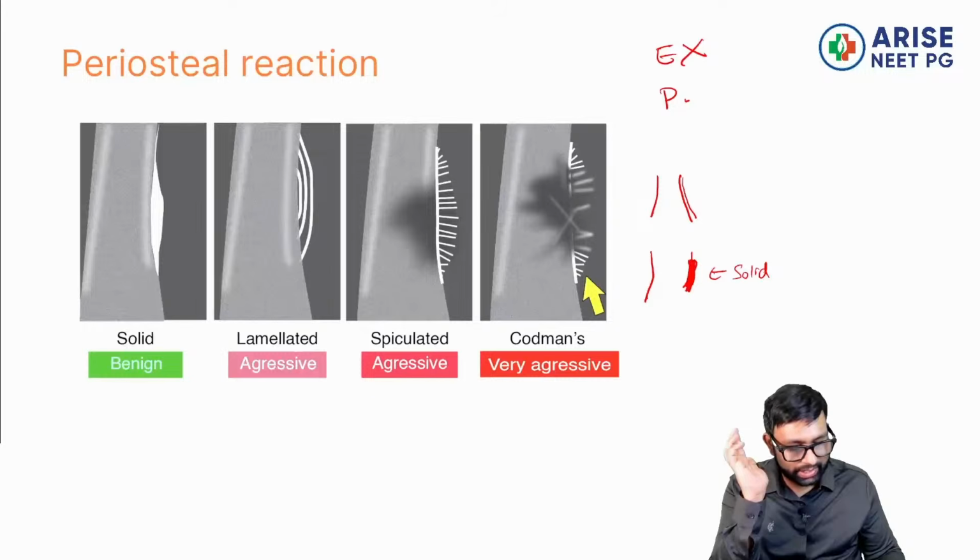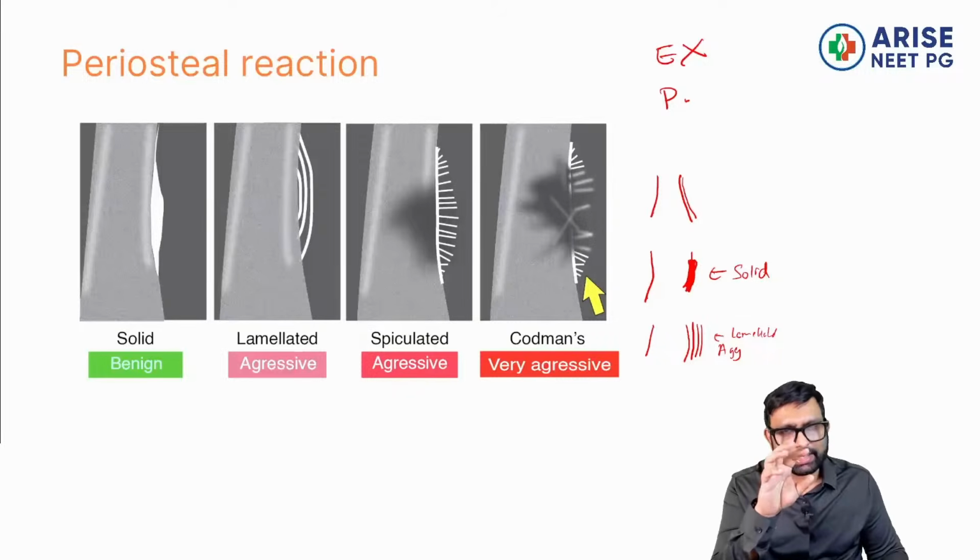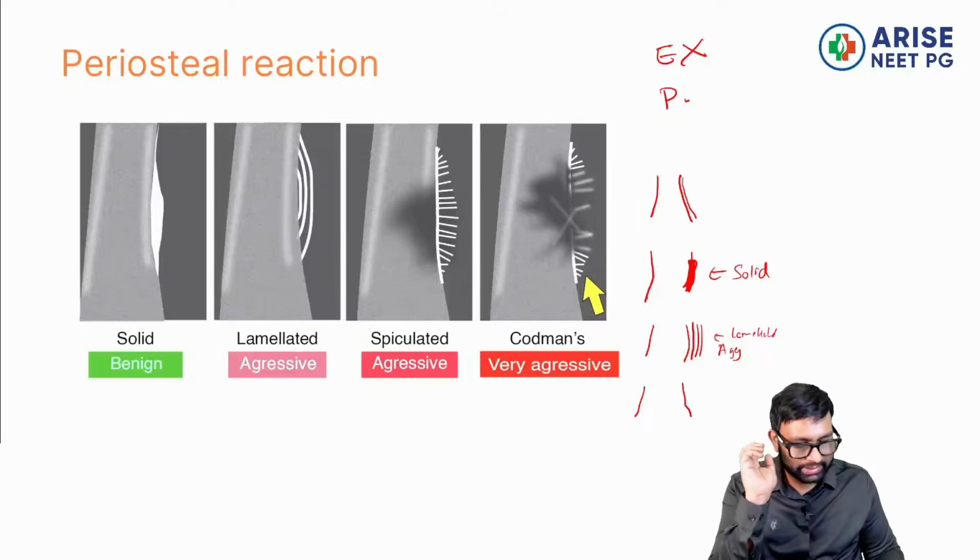But imagine you have an aggressive lesion. As the tumor grows, one layer of the periosteum will keep growing like that. So this will give a lamellated or an onion skin appearance, which is seen in aggressive tumors, not in any specific tumor. But if you have a tumor that is growing rapidly, this periosteum will stretch like this.